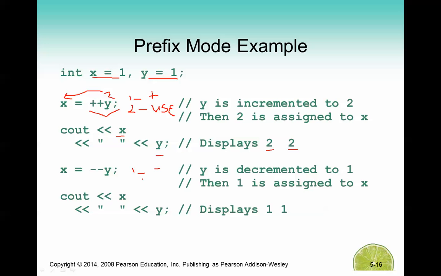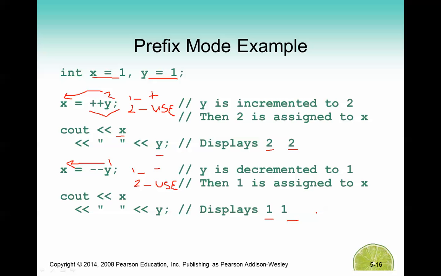I subtract, and second, I use the new value. So I'm going to put here "use". 1 minus 2... no, 2 minus 1 is going to be 1, so now my 1 is going to be placed in x. So now I display 1 for x, 1 for y.